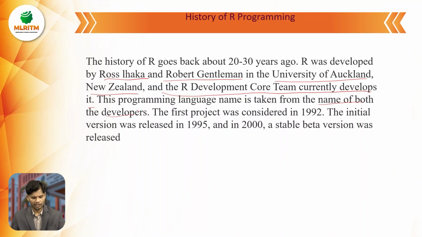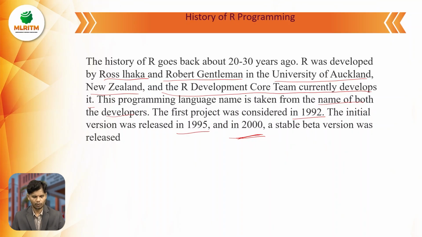The first project started in 1992. The first public version of R was released in 1995. The stable version became available in the early 2000s, released in 2000.